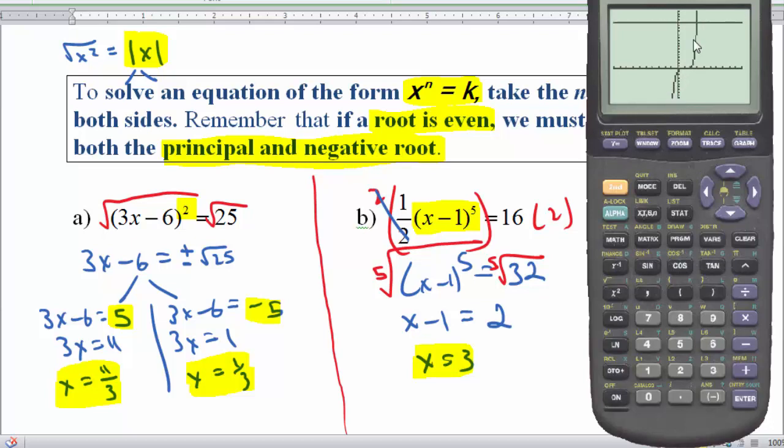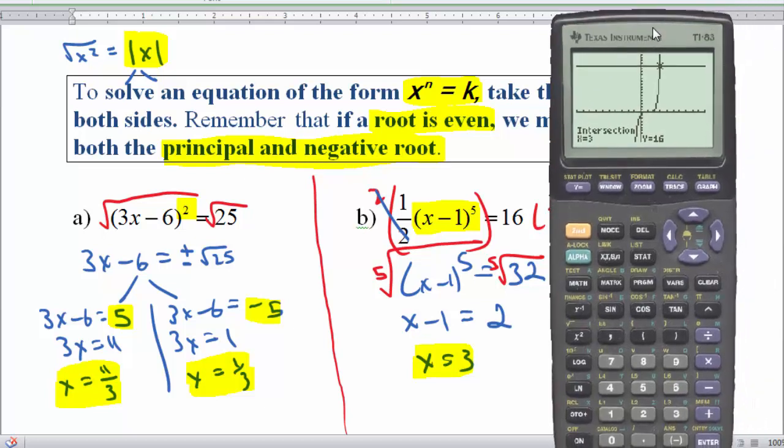the first graph was my half times x minus 1 to the fifth, and then of course that horizontal line is just y equals 16. So if I just find this intersection point on the calculator, I can see that it is actually 3. x equals 3. So that was my solution. So what did I do there?